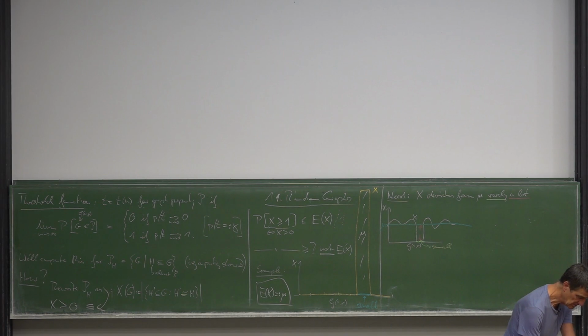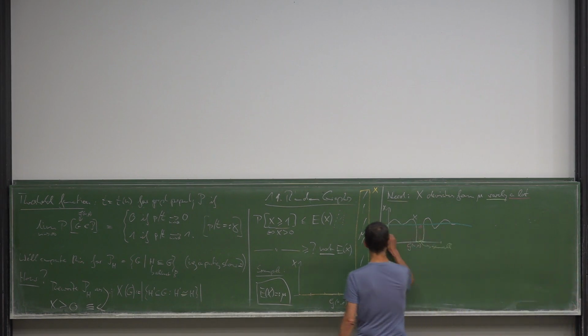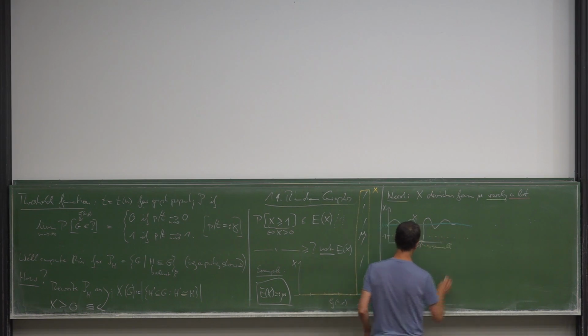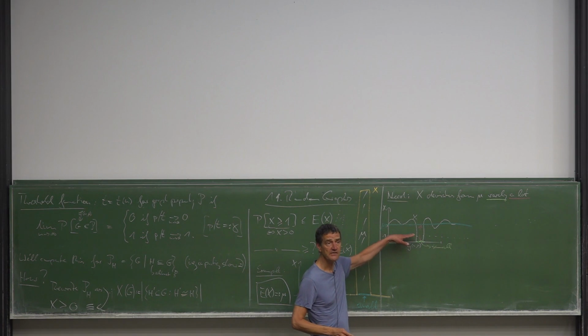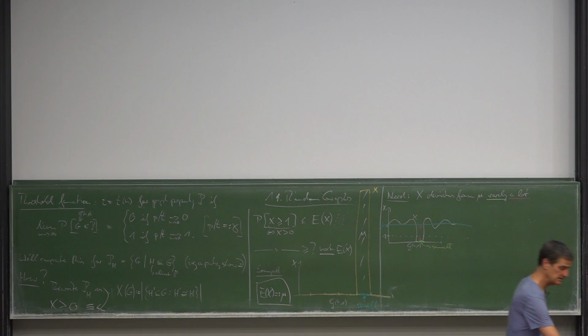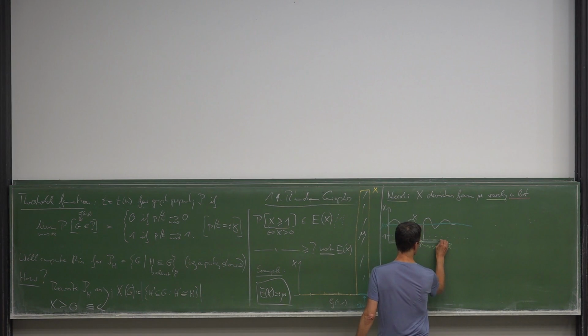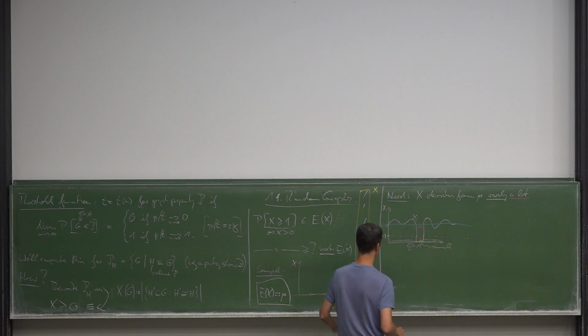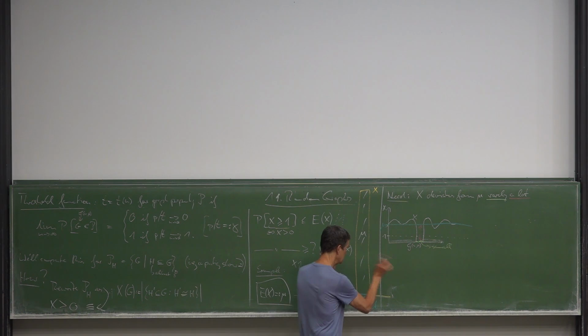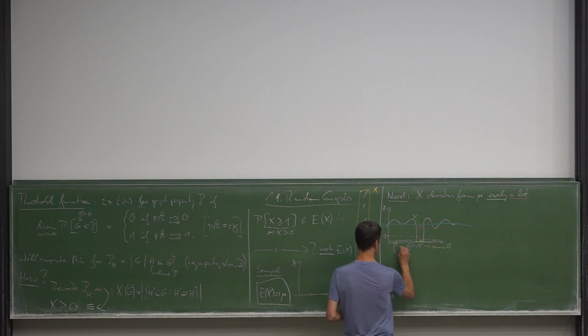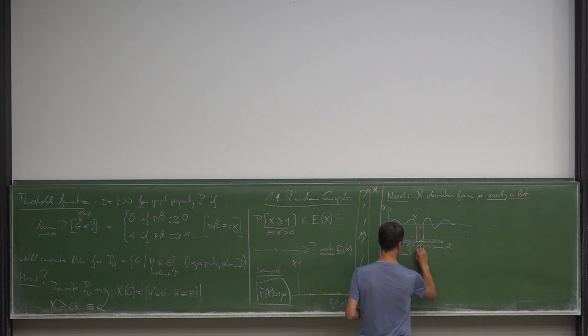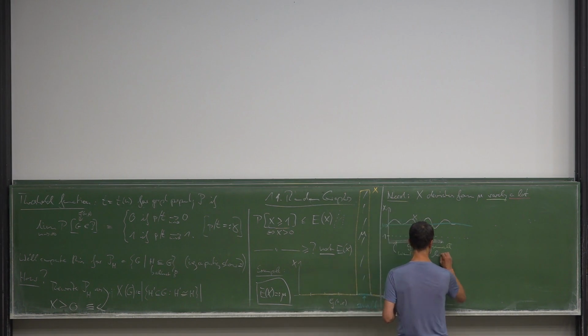Why? Because 1 is somewhere here. All we want is that x is bigger than 1, and we want the measure of that happening to be large. Right? So we want this large, right?